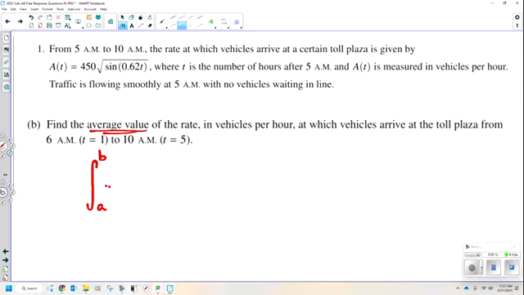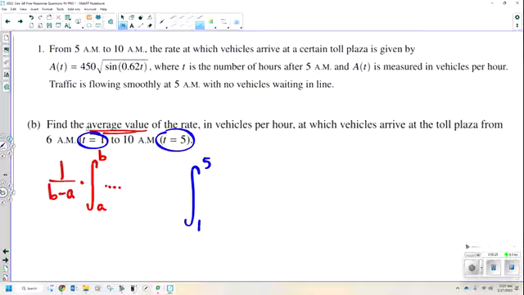Okay, but then I multiply it times 1 over the difference of those bounds. I have bounds here from 1 to 5, which means I need to multiply by 1 over 5 minus 1, the difference.